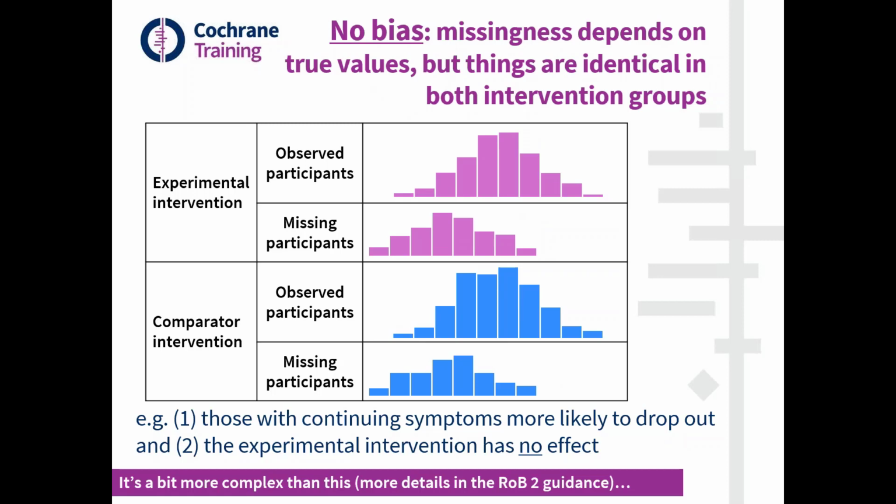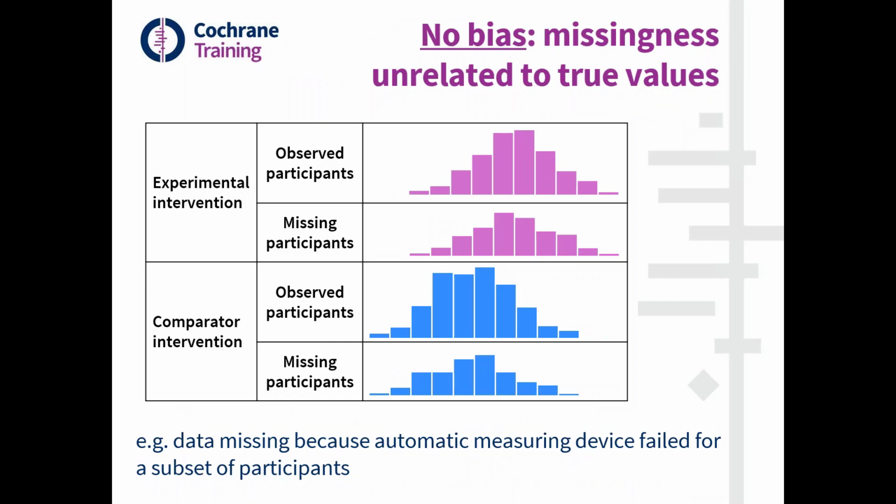There's two no bias slides, so we're not quite sure what you mean. In this slide, if the observed mean in the experimental group, if only the top pink distribution was shifted, then that will be a problem because we need there to be no intervention effect for this one to hold. And in this one, they're already different.